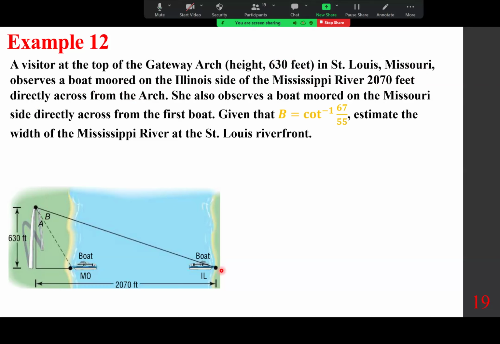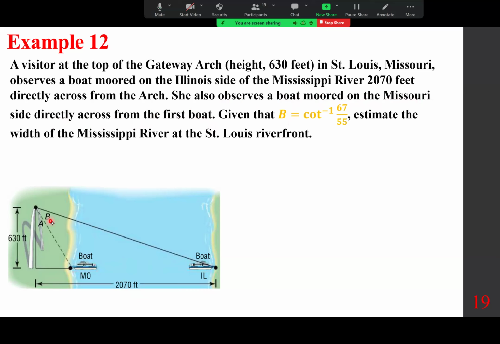So this one, from the base of the arch, has the distance of 2,070 feet. She also observes a boat moored on the Missouri side directly across from the first boat. So directly from it is this boat.